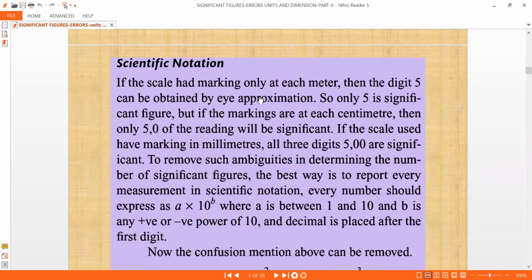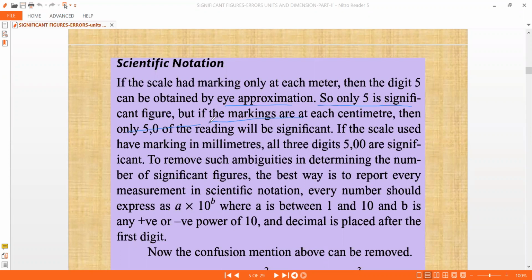If the scale had marking only at each meter, then the 5 can be obtained by eye approximation. This is what I was trying to tell you. So only 5 is a significant figure.